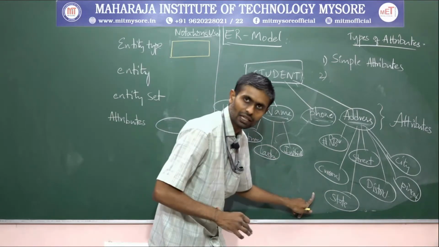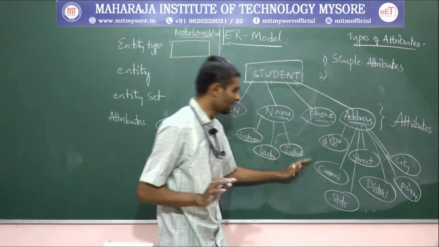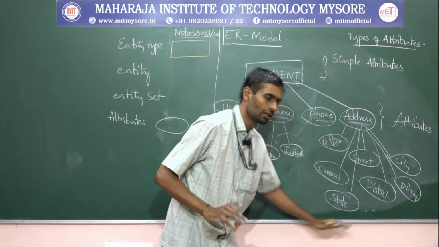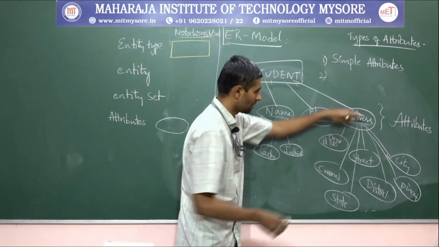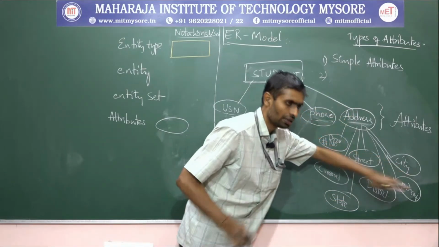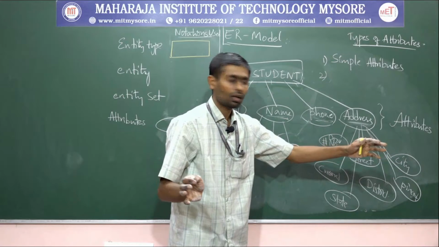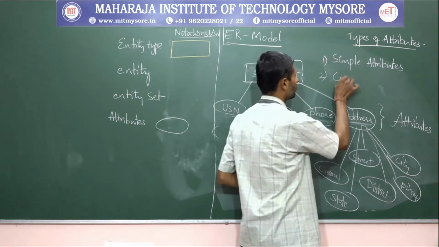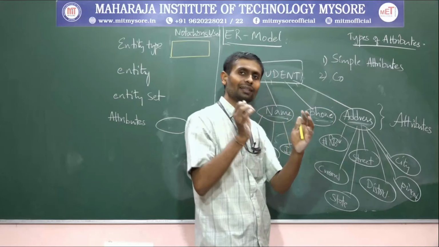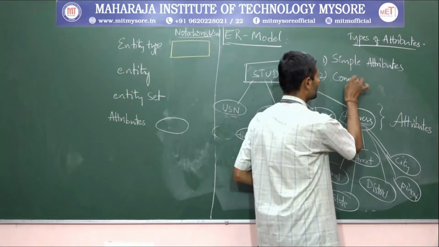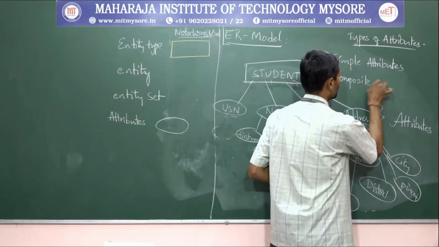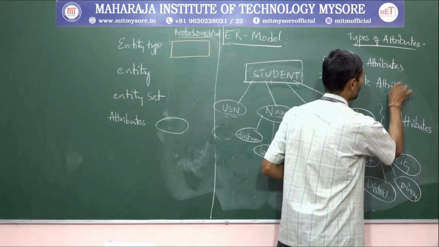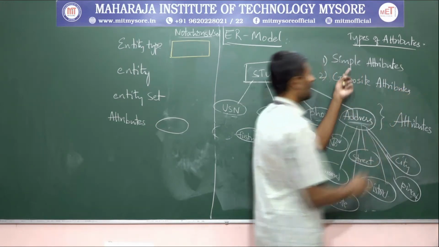Gross number, can we further decompose? No, not possible. We cannot divide it further, right? So look at this one: an attribute which can be further decomposed is composed of many simple attributes, and such attributes we call composite attributes.